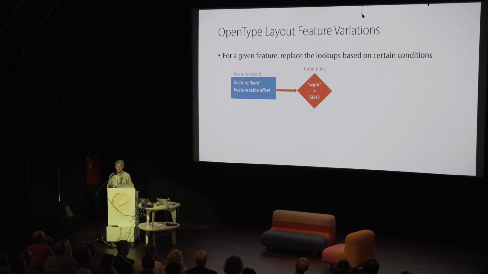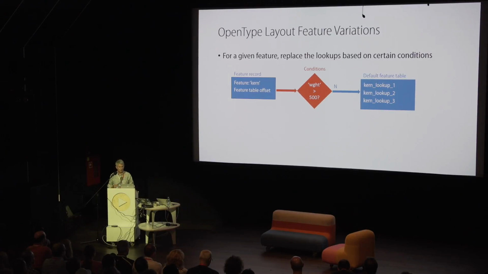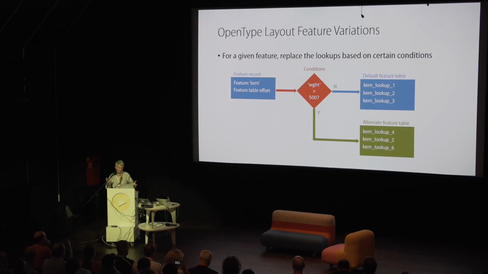And those conditions can be based on any of the variation axes values. So I can say, for instance, if I'm above a certain weight, or if I'm above or below a certain width, then use these other lookups instead of the default set of lookups. So if I don't meet the conditions, I go to this set of lookups. Or if I do meet the conditions, I go to this other set of lookups.